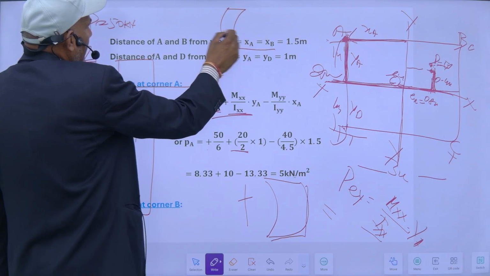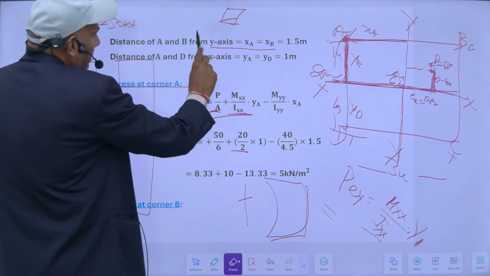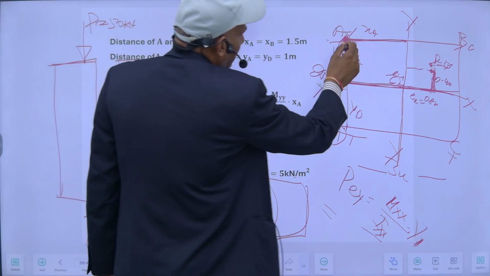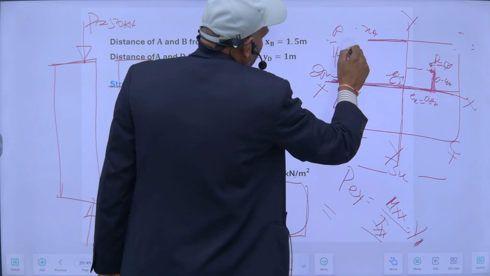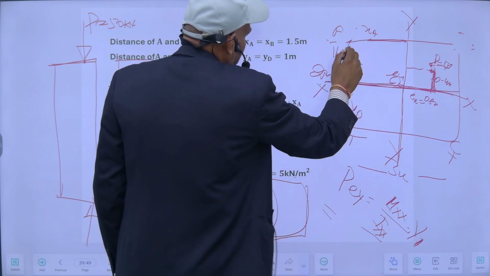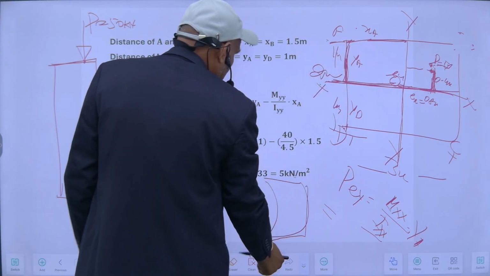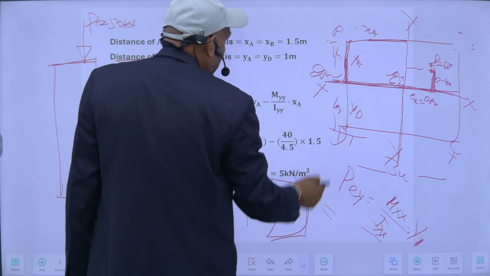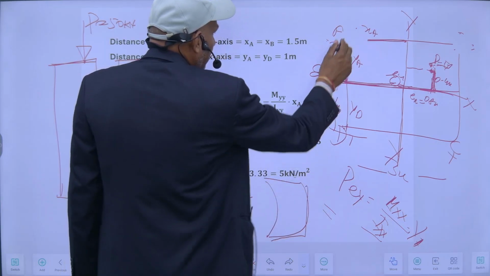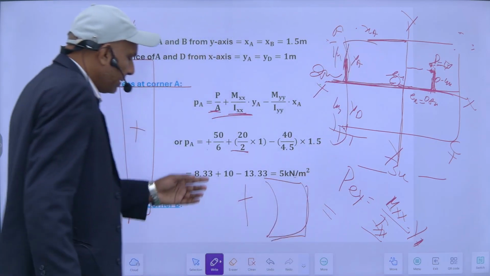And at this point and this point, there will be compressive. So at this point, it will be compressive here. So the compressive is positive.